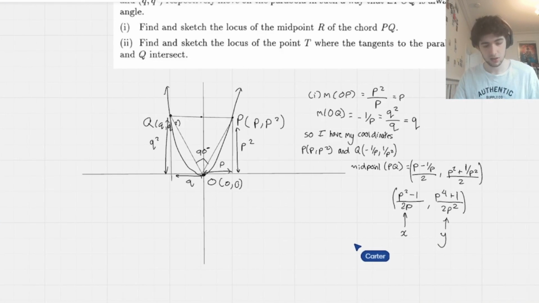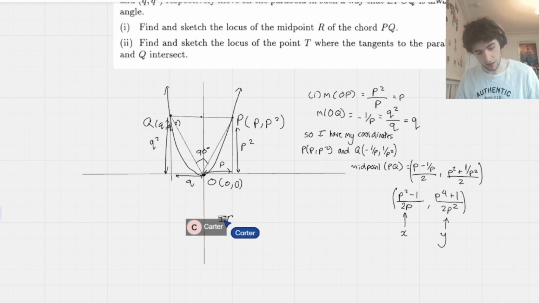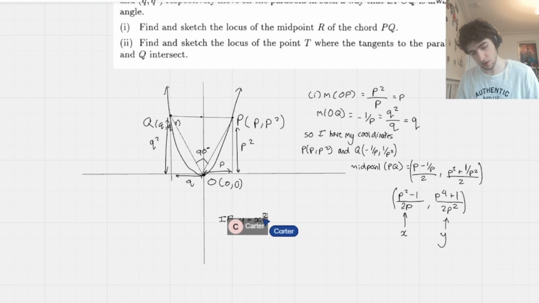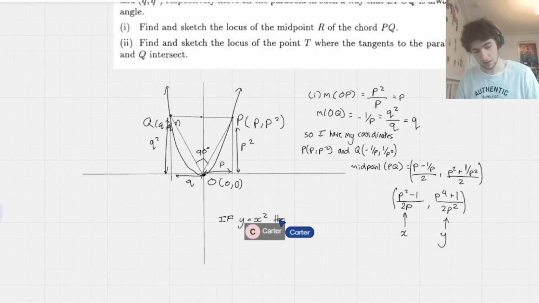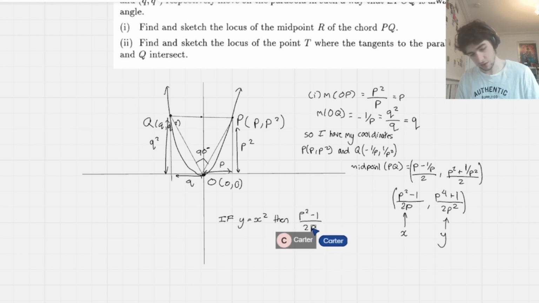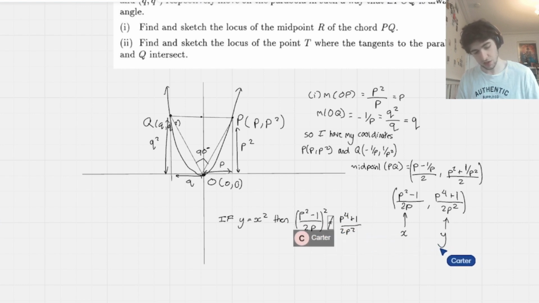So I guess trying out, if y was actually just x squared, so if the midpoint's y value was just its x value squared, that's how it was related, then p squared minus 1 over 2p all squared should be equal to p to the 4 plus 1 over 2p squared, right? But that's not quite true.